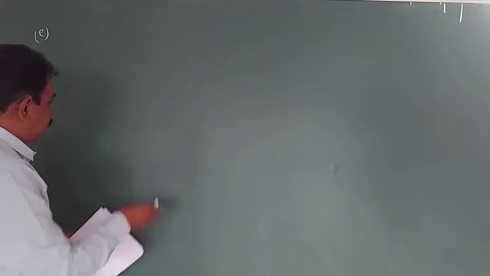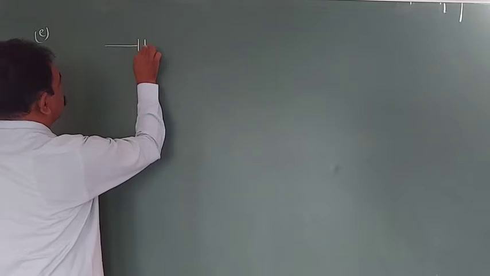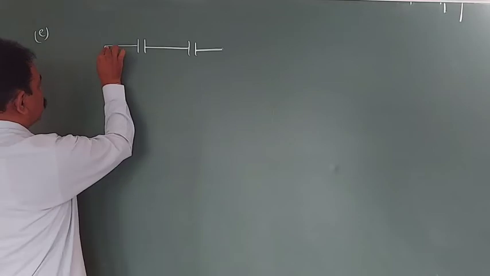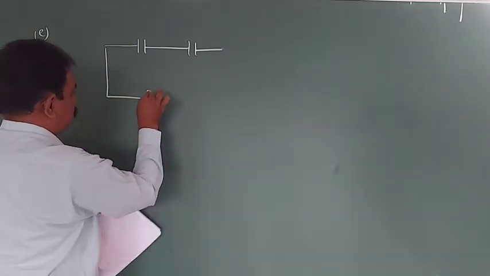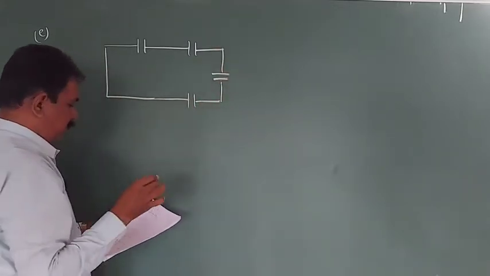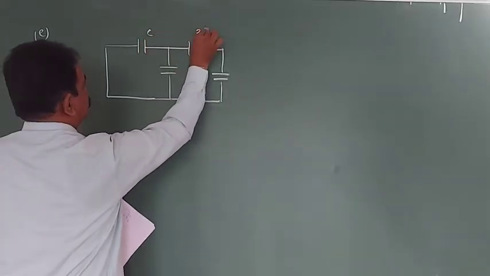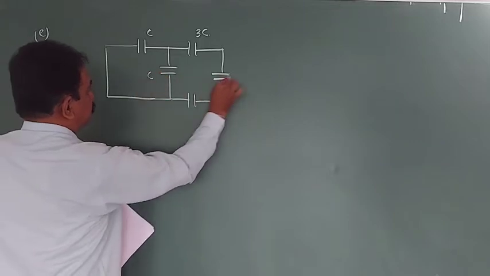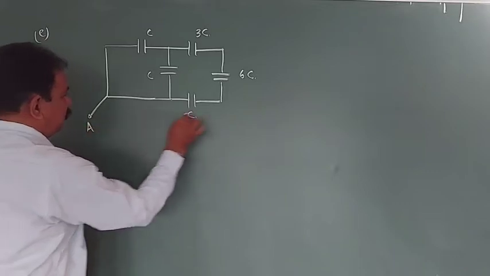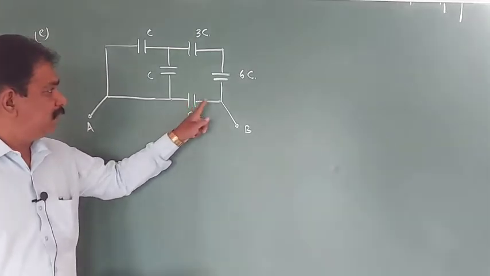If the question is like this: here C, 3C, this will be C, this will be 6C, this will be C, here A, here B. What is the effective capacitance between A and B?